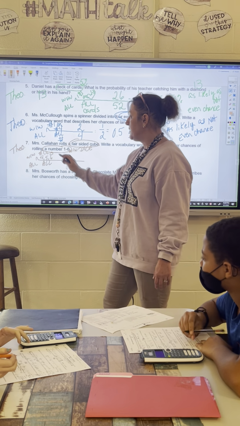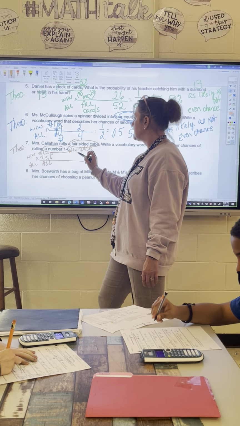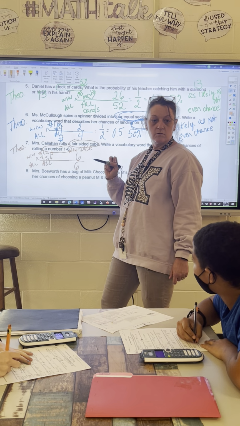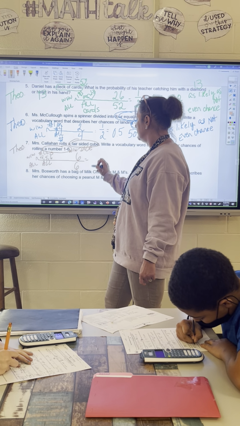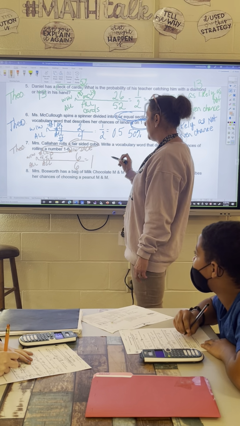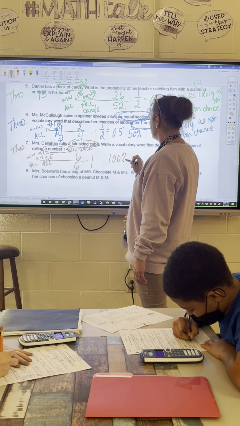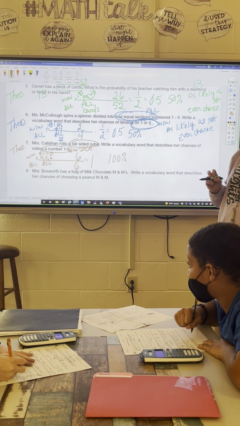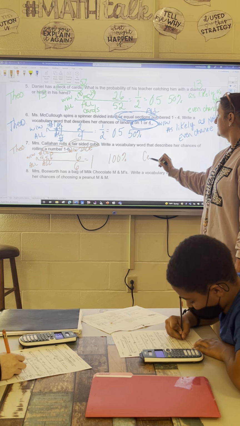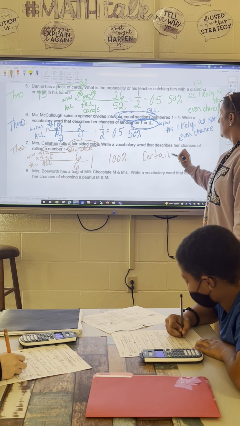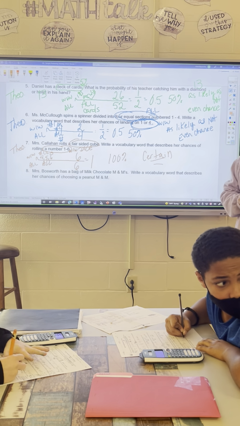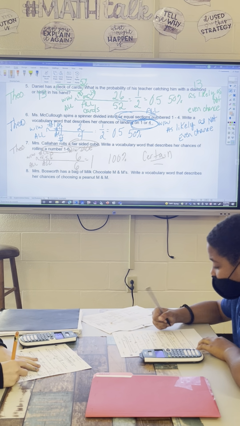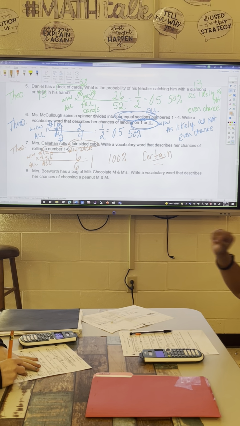How many numbers is that? 6 numbers out of a total of 6 numbers. That would be like 1, which is 100%. And what's the vocabulary word? It's certain. We are certain to get a number 1 through 6. If we roll a dice, we're going to get one of those numbers.